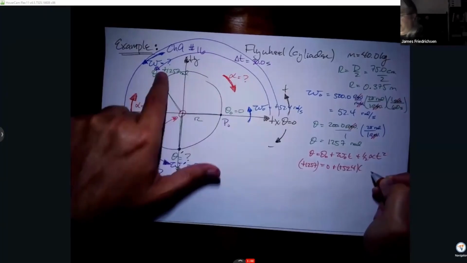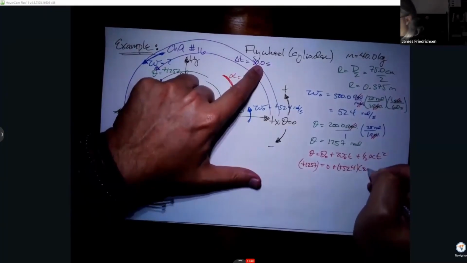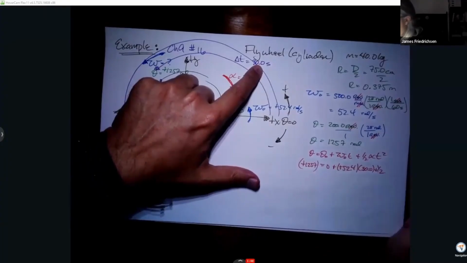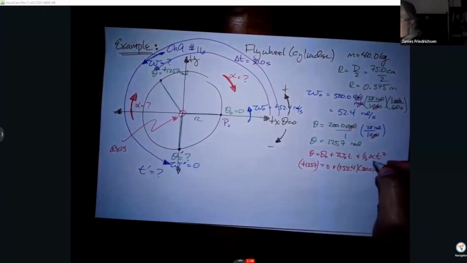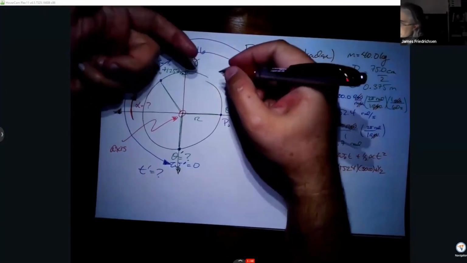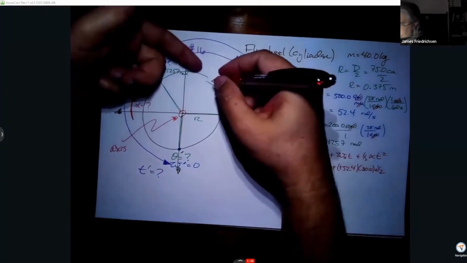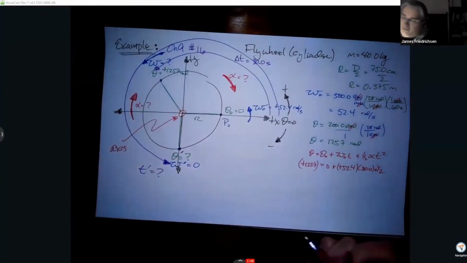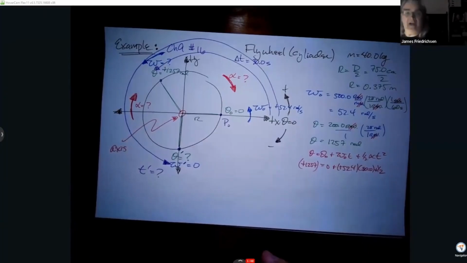The time to go from here to here was the 30. Plus 1/2 alpha. Now, are we going to put in that we know the direction and write it as a minus alpha for the direction and the magnitude and then solve for the magnitude? Or are we just going to write alpha like we used to and then find out that alpha is negative? Which would you prefer? Should I do a negative alpha or just the alpha?